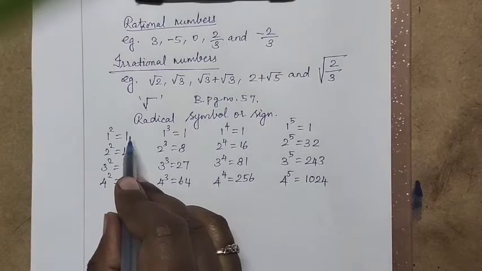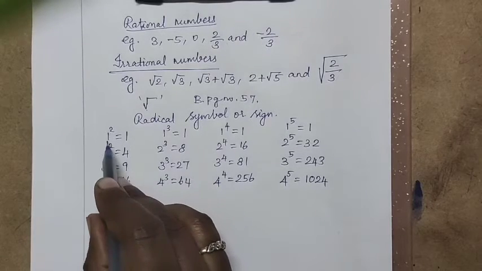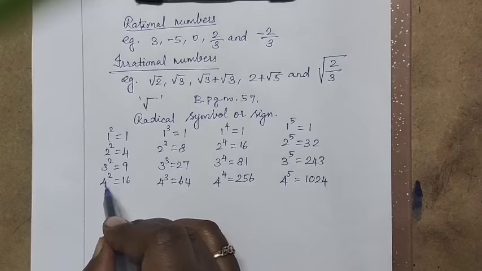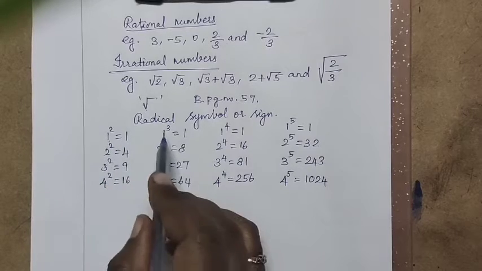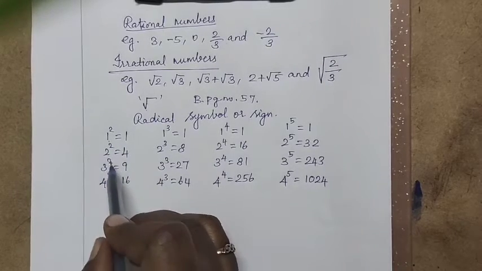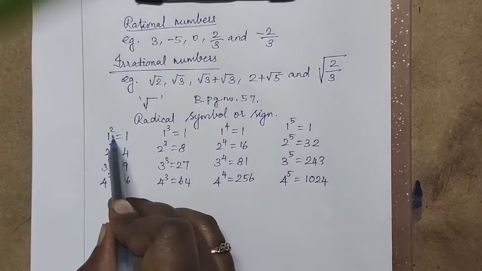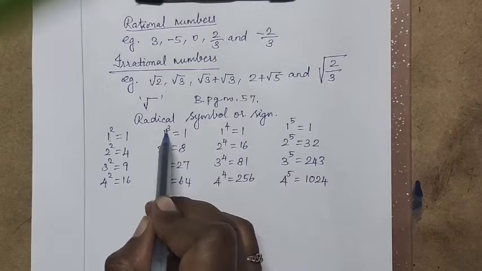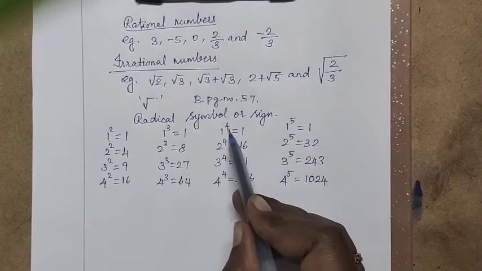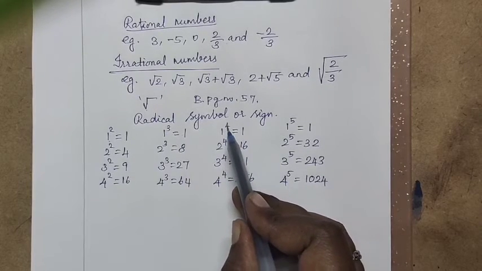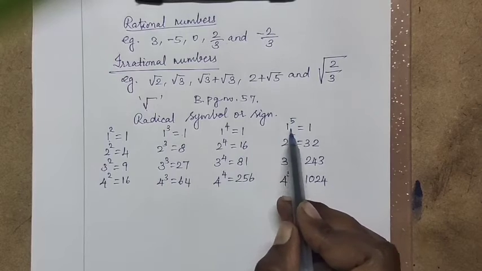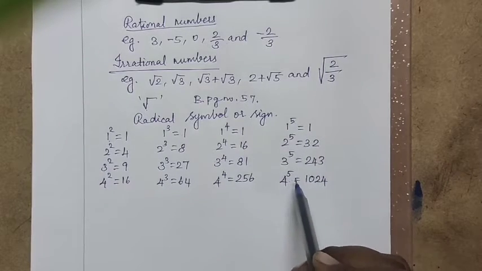Here you see the pattern 1, 2, 3, 4. These 4 numbers only we are taking here, and also the square of this number, cube of this number, power 4, power 5.